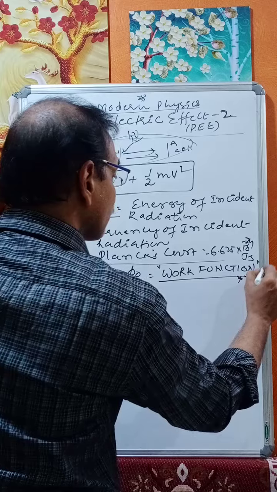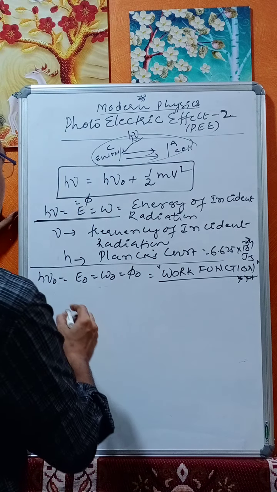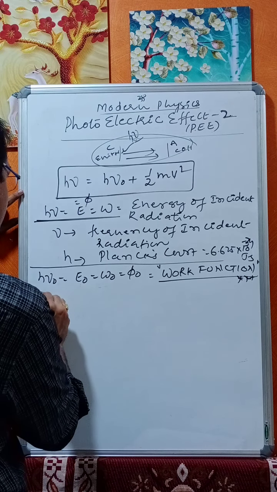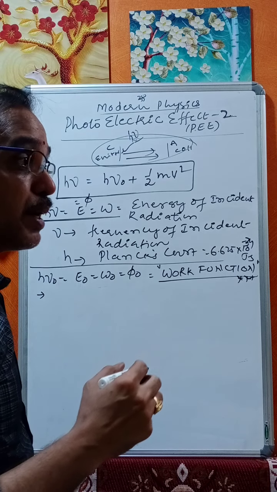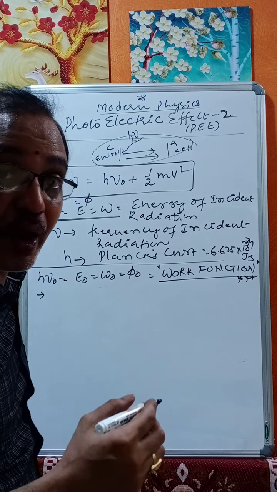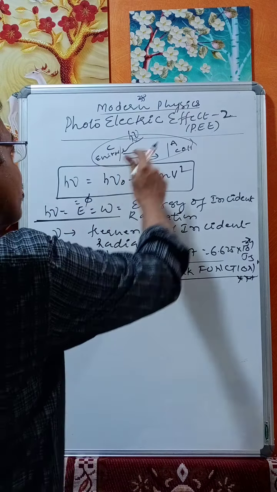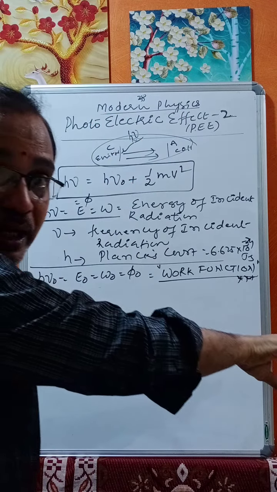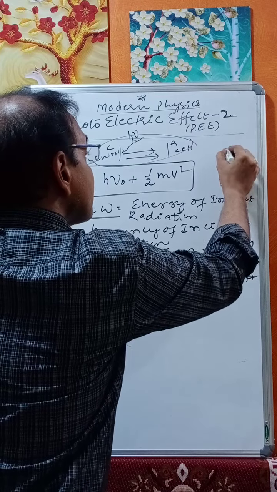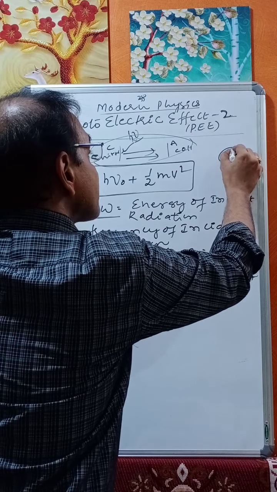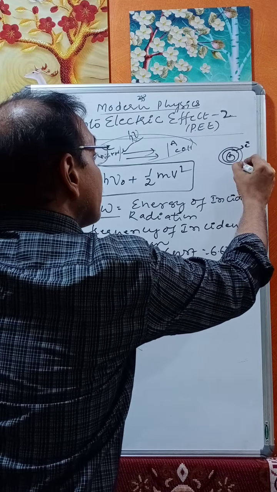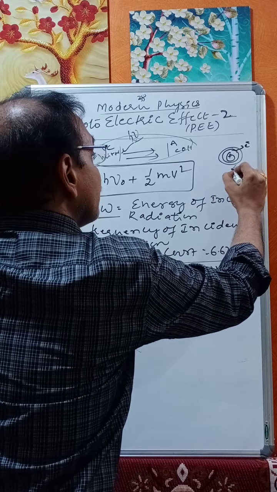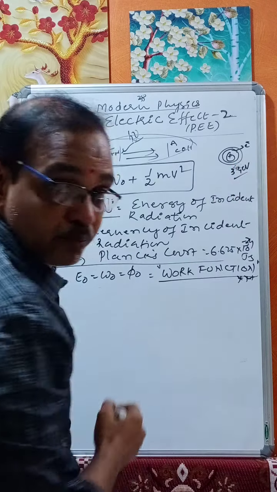So what is work function? Work function is the minimum energy required to remove the electron from the metal surface. When radiation falls, the energy must be sufficient. Suppose the electron is bound to the nucleus by let us say 3.4 electron volts.